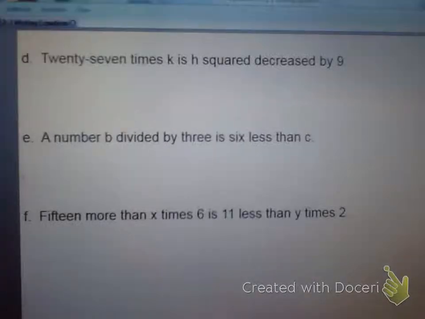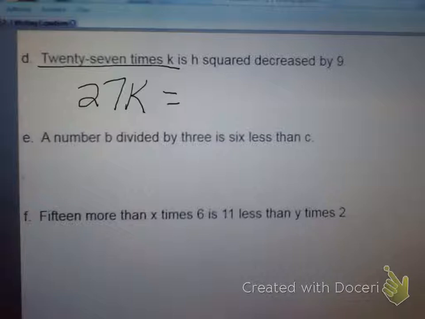D, 27 times k is h squared decreased by 9. 27 times k stands for equals h squared decreased by 9.